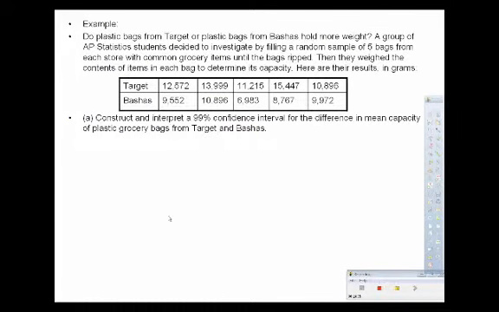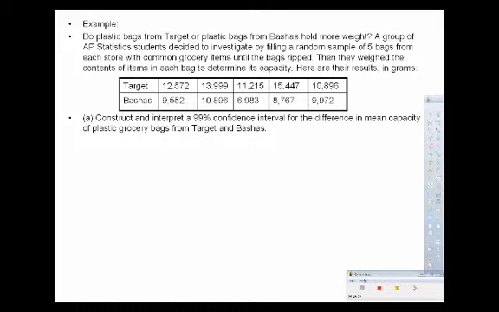Okay, here we got an example. Do plastic bags from Target or plastic bags from Bashas' hold more weight? A group of AP statistics students decide to investigate by filling a random sample of 5 bags from each grocery store with common grocery items until the bags ripped.